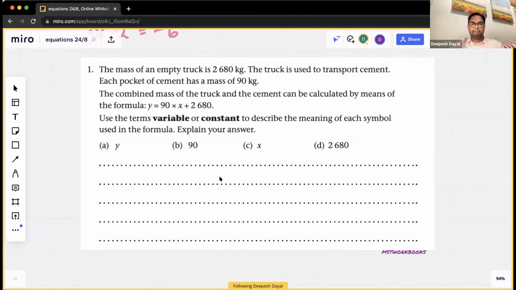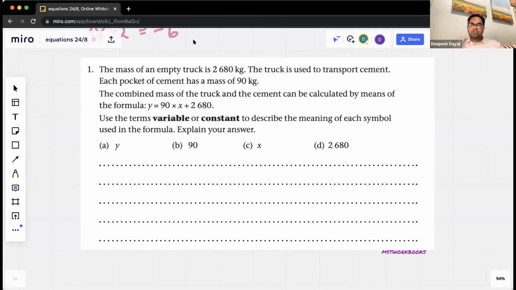So y is the variable. Okay, so y is the variable. And why is that? Because the letters can change.